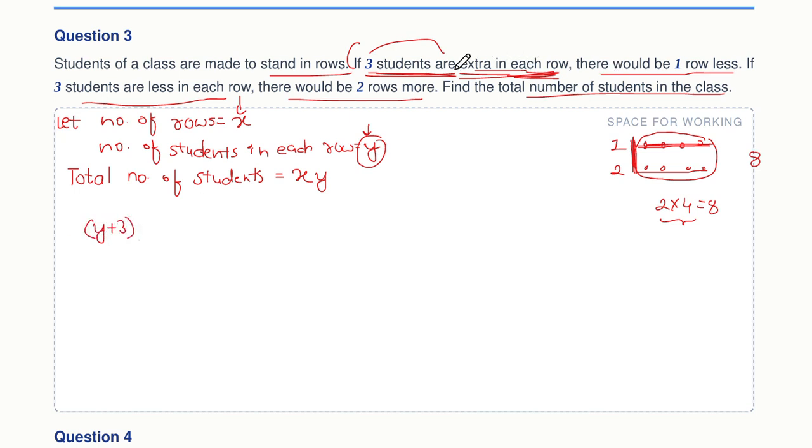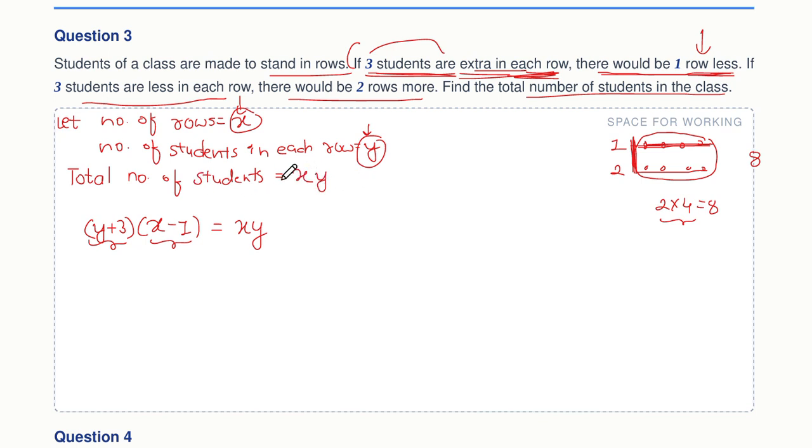And then if the 3 students are more, there would be 1 row less. Okay. So number of rows we have taken as x. So 1 row is less. Less means minus. That means x minus 1 is equal to, so if you multiply these, both will again give x into y, the total number of students.